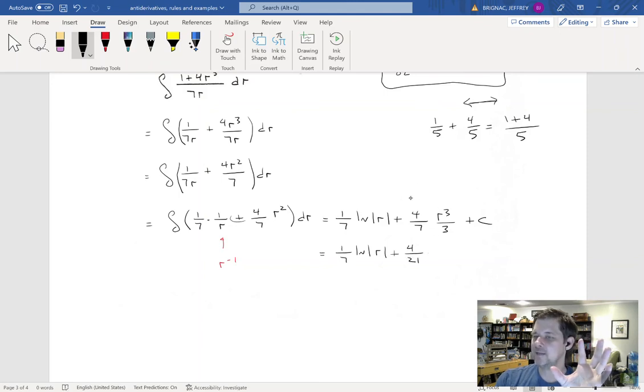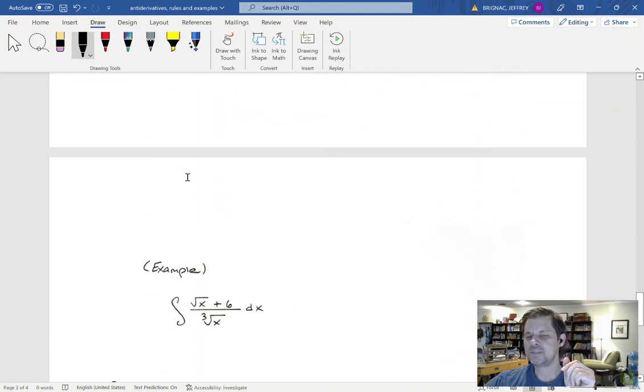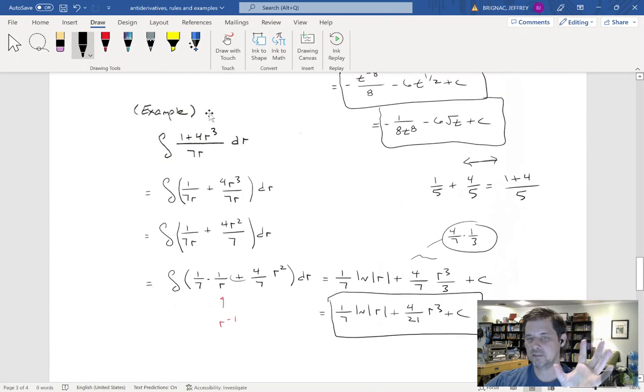So right in here, at least with the numbers, I have 4 over 7 times 1 over 3. That's why I'm saying I get 4 over 21, r to the 3rd power. Okay. All right, now we found ourselves in new territory with that part right there. Okay, all right, let's try one more that's a little like this, but maybe a little bit harder.